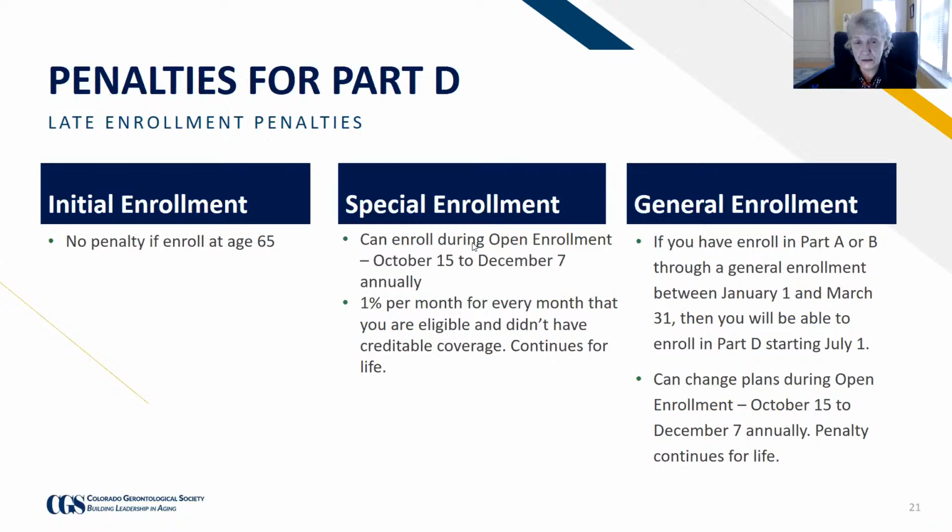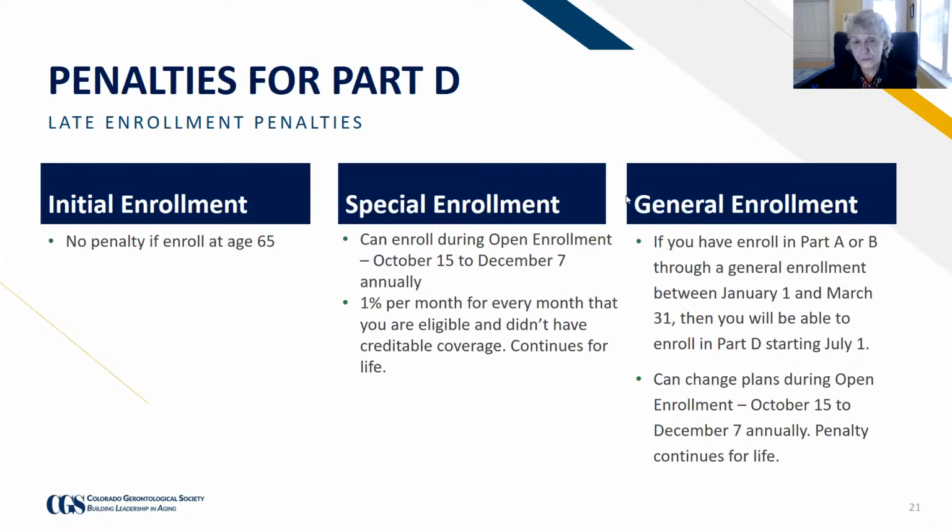And then you just either enroll when you lose coverage, or you enroll during open enrollment between October 15th and December 7th. If you don't do the special enrollment period correctly and sign up within 63 days, then you will have 1% per month that you are eligible and you didn't have credible coverage, and this too continues for life.